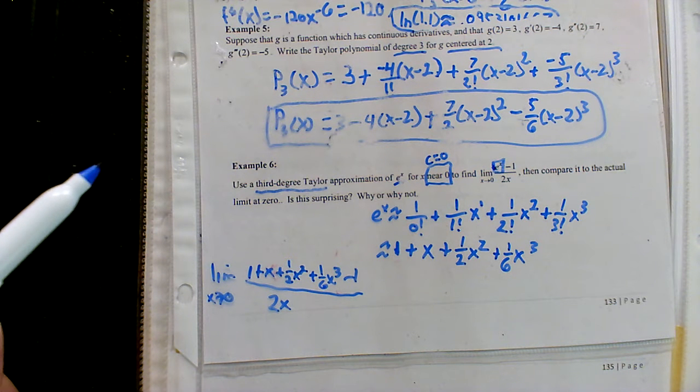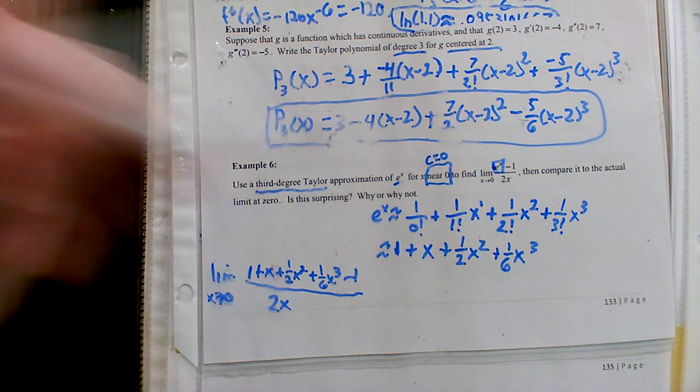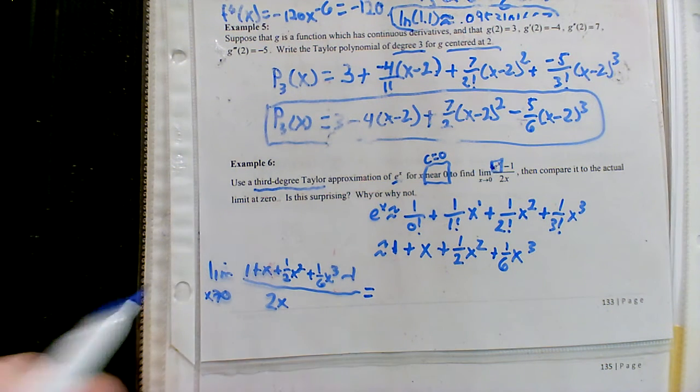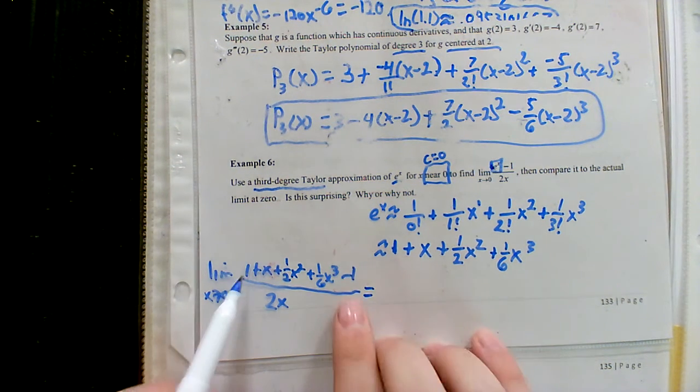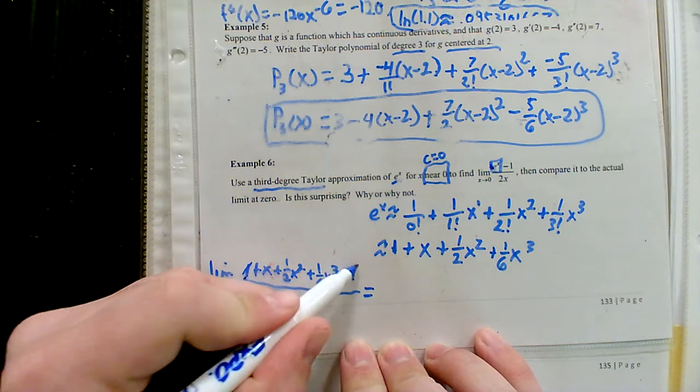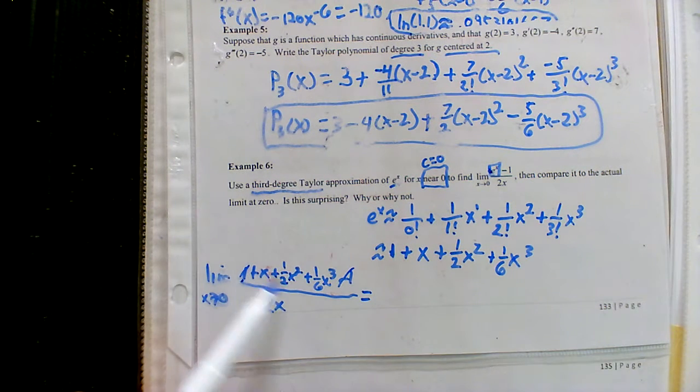Before we take the limit, we're going to simplify this a little bit. So let's kind of do 2 steps in one here, just to make simplification a little easier. When I have 1 minus 1 here, do we see those 1s are going to cancel? I have this one here and this one here. Those are going to cancel. Then what's in common in the top? What do they all have in common?